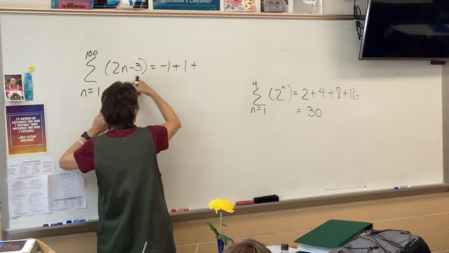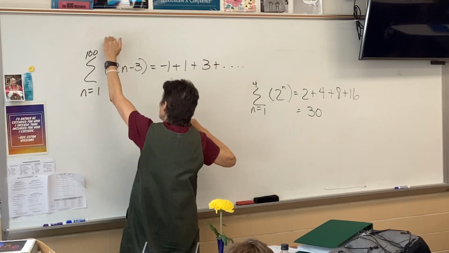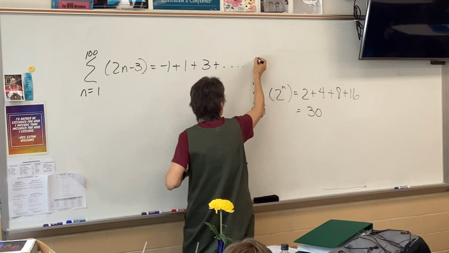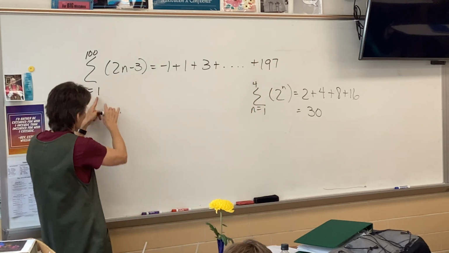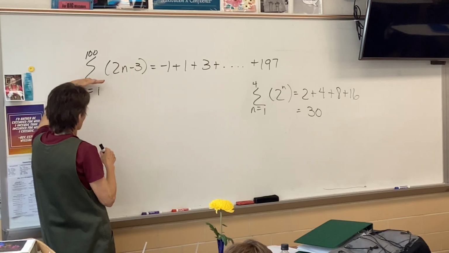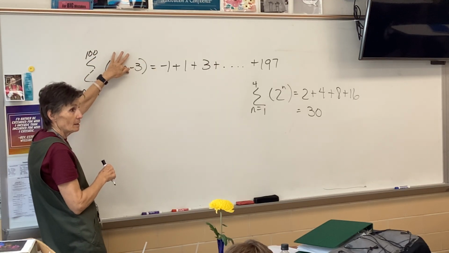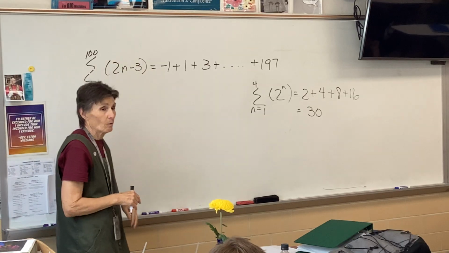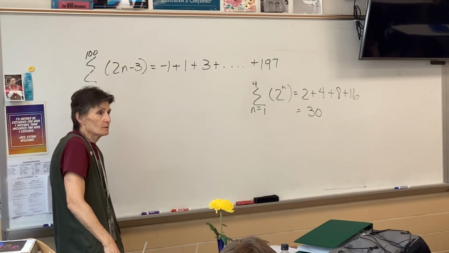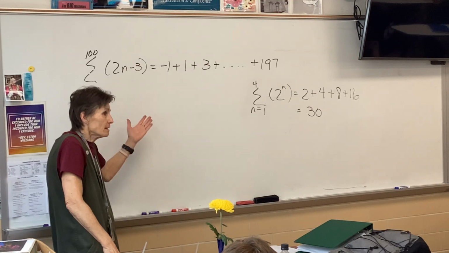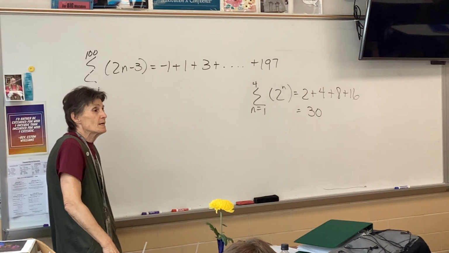The third one would be 3, and so on, all the way to 197. Remember, we start by plugging in 1, and we end by plugging in 100. Now, what's the issue? It's going to take forever. Easy, we can do it, it's just going to take forever.